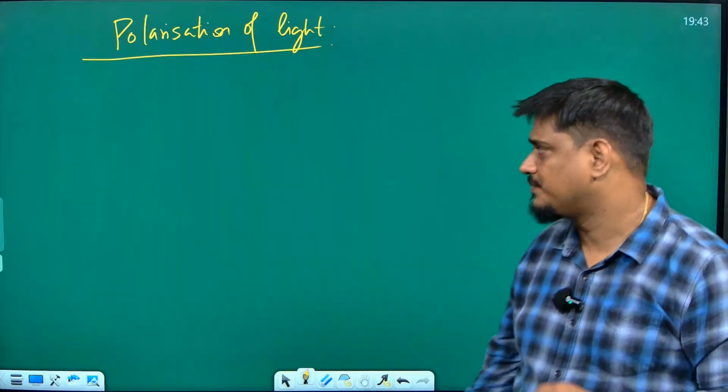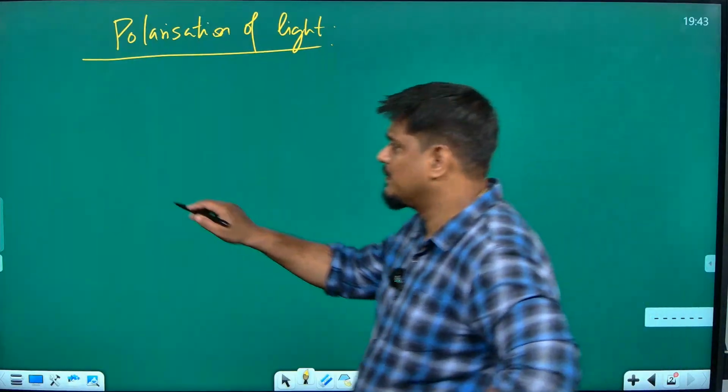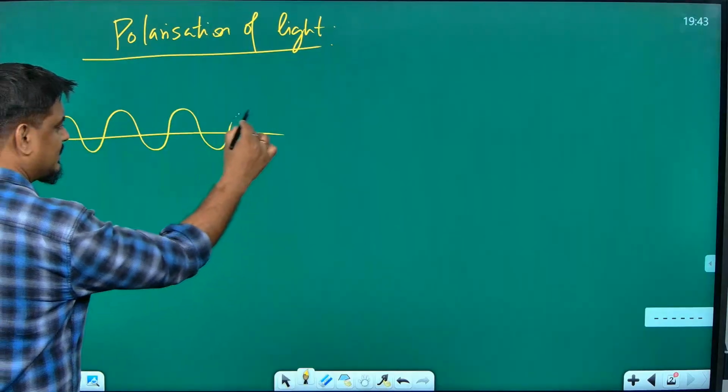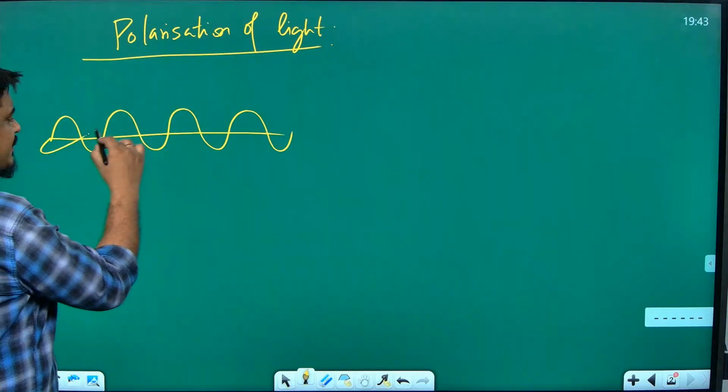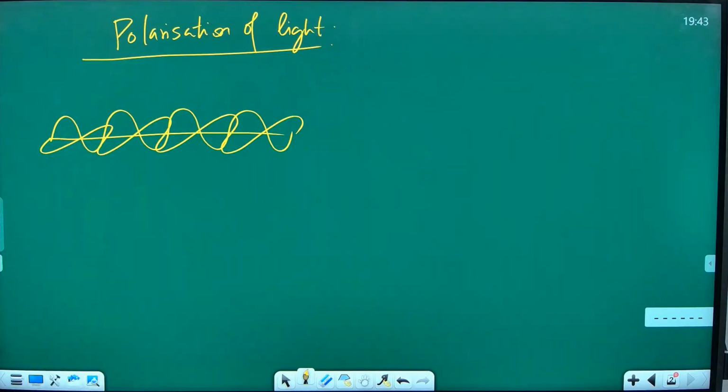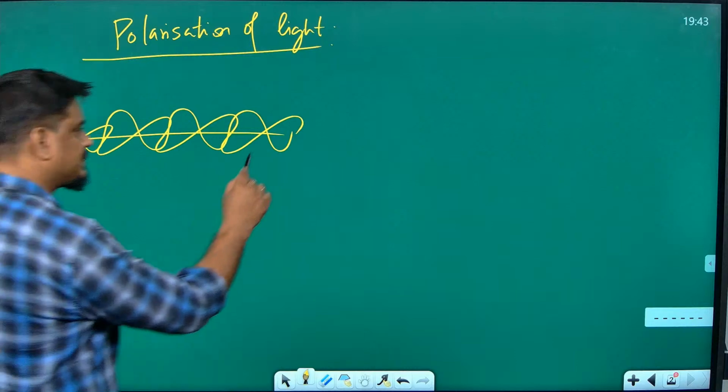Now, for example, if you have something like this, a wave which has one wave like this, another wave in a different plane like this. This is a wave moving in forward direction.